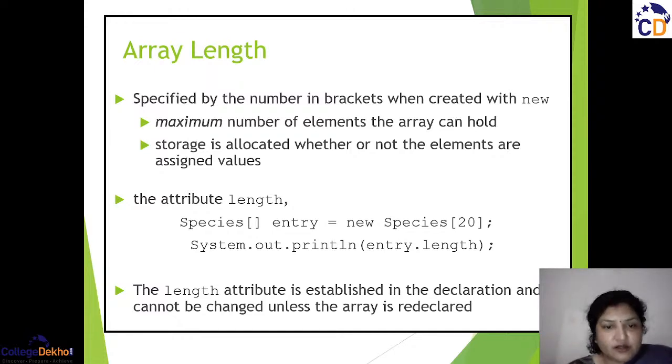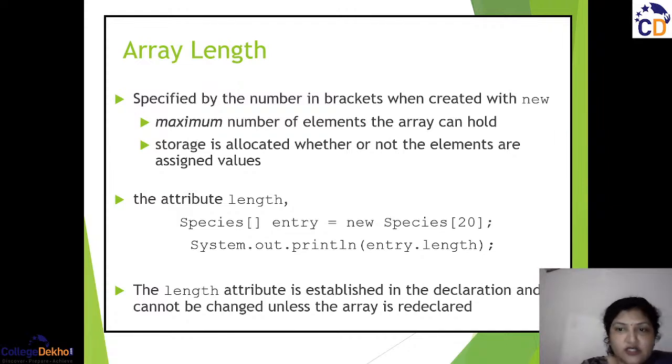Right? The length attribute is established in the declaration and cannot be changed unless the array is redeclared. So suppose you have declared it with 20 elements, you cannot change it. Why? Because we have defined the array, and this array has a size, a length of 20.